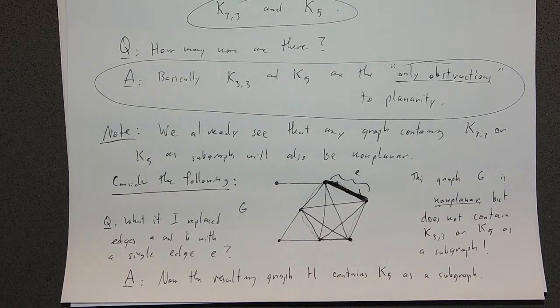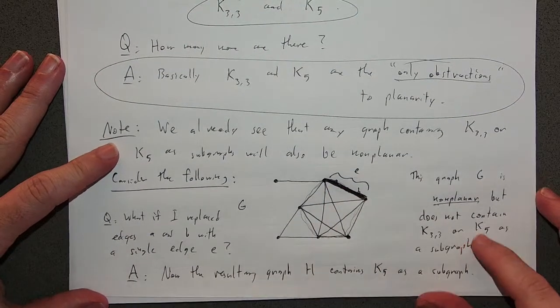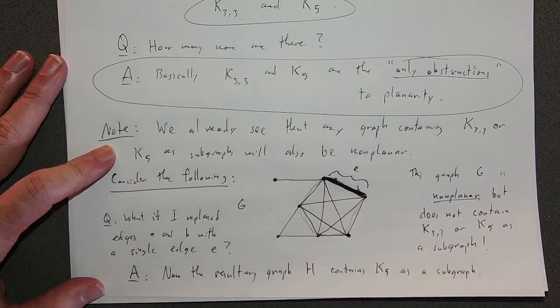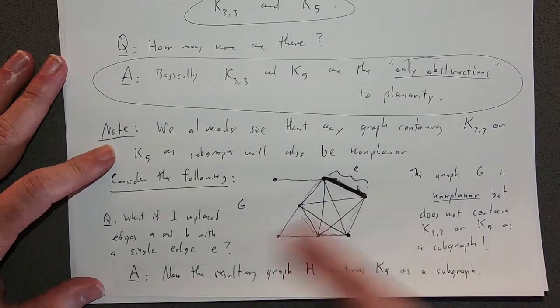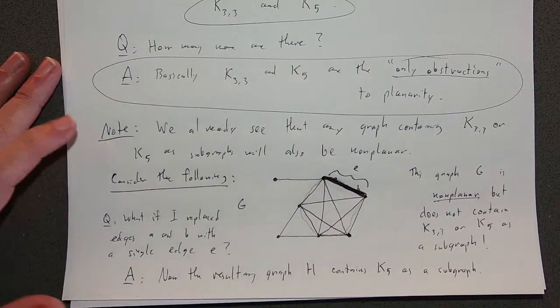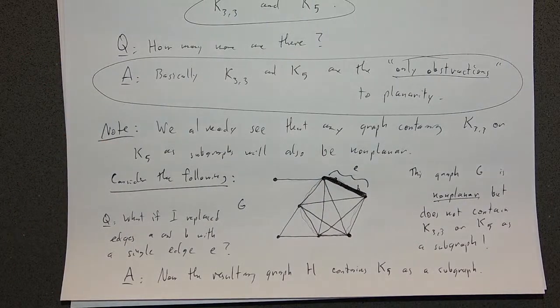So, well, now what do we do? Do we think that the fact that we can do this simple operation to produce a graph that does contain K5 as a subgraph has something to do with the original graph being non-planar? Well, that's what I'm driving at, and it's going to turn out that the answer is yes. So being a subgraph wasn't enough.